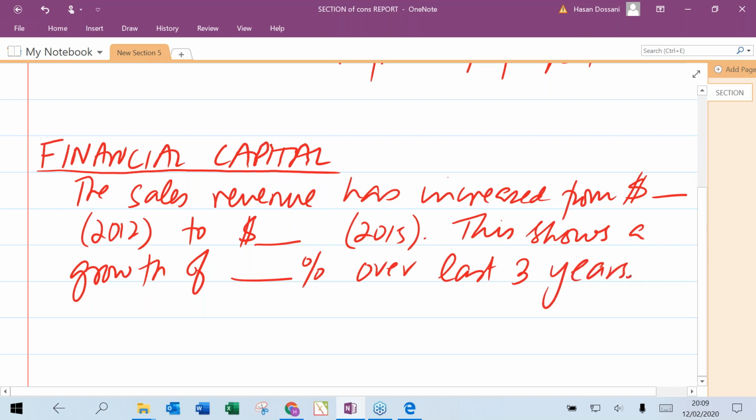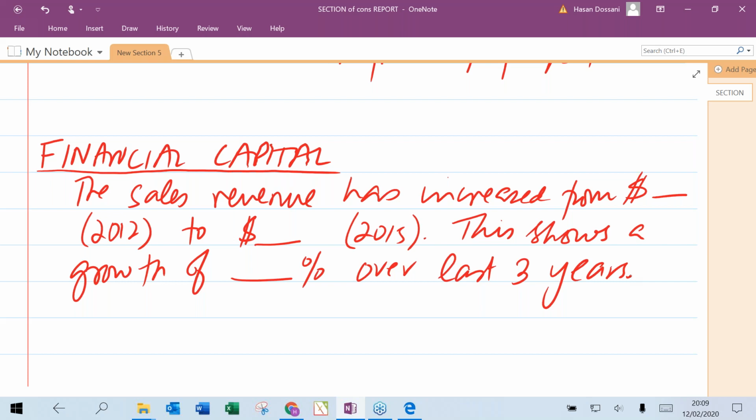Okay, guys, what do you think about this very simple three-line sentence? The sales revenue has increased from dash to dash. I am skipping the years in between. I'm trying to save time. This shows a growth of X percentage over the last 3 years.